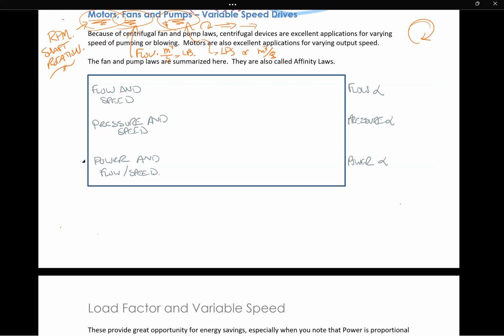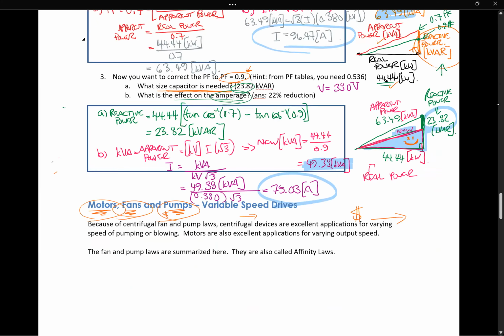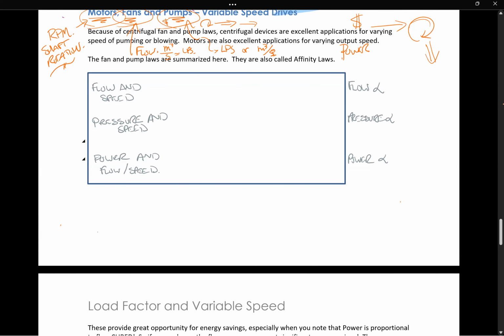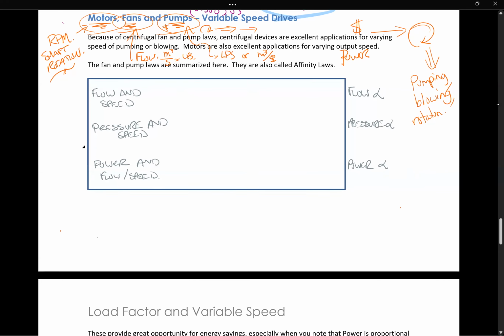So if we can vary the speed of these devices, and we can vary how much power we're putting in, then we can vary the amount of pumping or blowing or rotation coming out. So another energy management opportunity is variable speed drive.